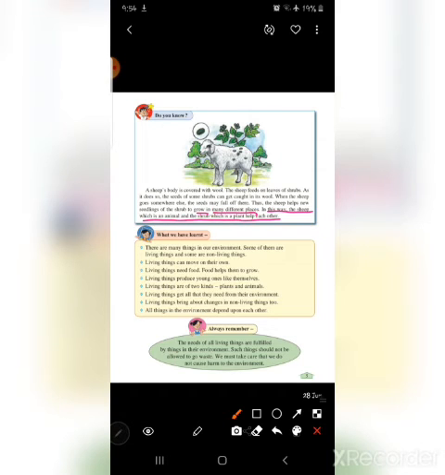Okay, so children, do you know? See, a sheep. See here in this picture, you can see sheep. On the body of sheep, what is there? Wool is there. Yes, you wear woolen sweaters. Like that, wool is there on body of sheep. Whole body of the sheep is covered with wool. And the sheep feeds, means eats. What is the food of sheep? It feeds on the leaf of shrub.